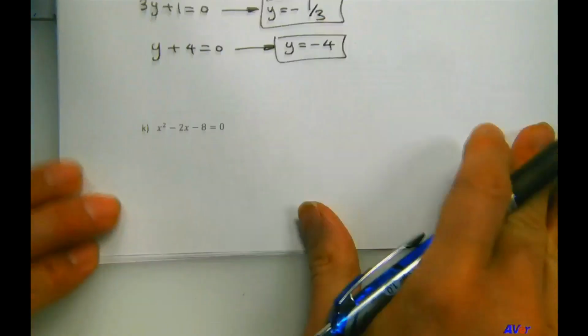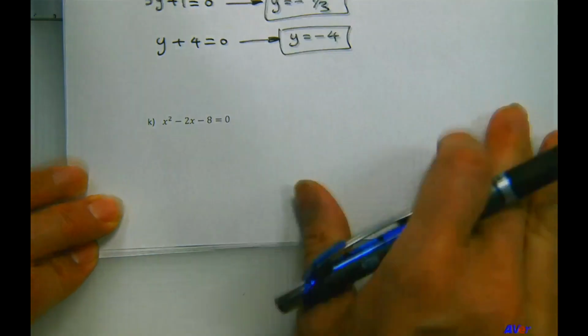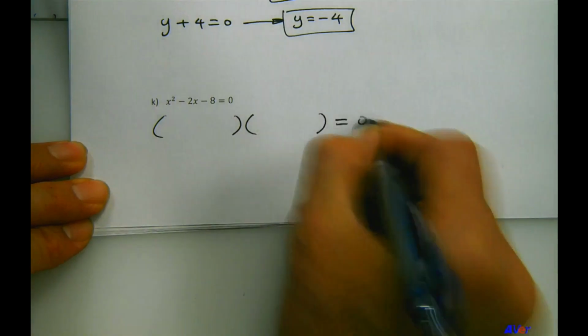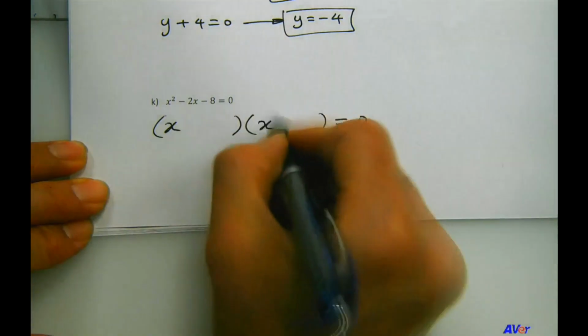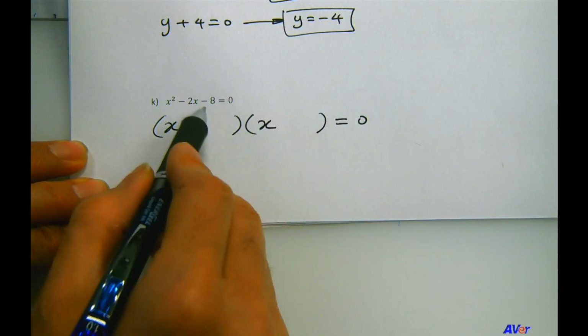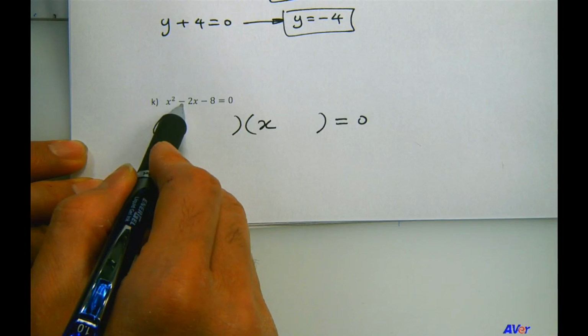Okay, this one is another quadratic equation. Can we factor this? Let's see, yeah, it can be factored. x times x is going to give us x squared. What two terms multiply to negative 8 and add up to minus 2?